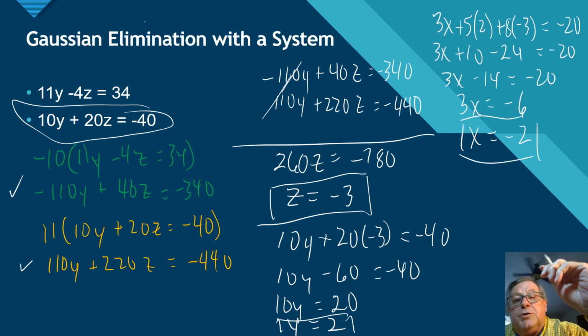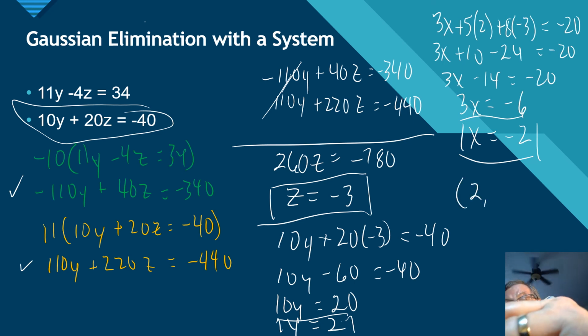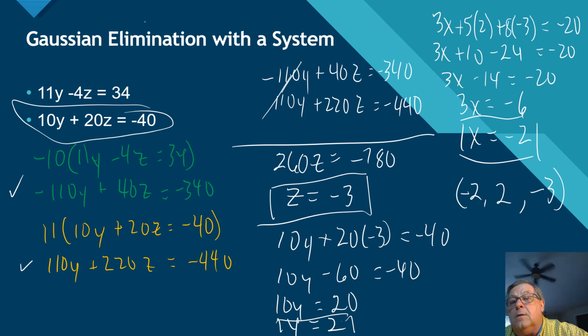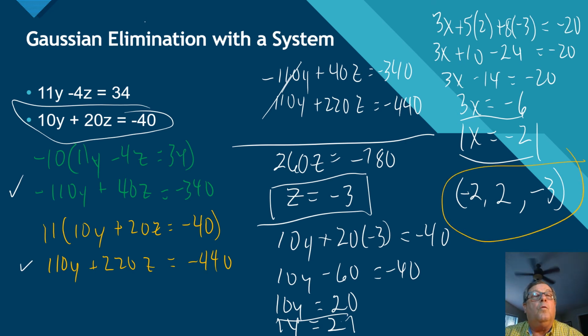And so my solution to this system of equations, my ordered triple, I drew a box around it: x is negative 2, y is 2, and z is negative 3. And there is my ordered triple. Shazam, one more time.